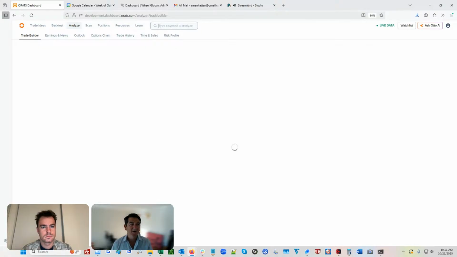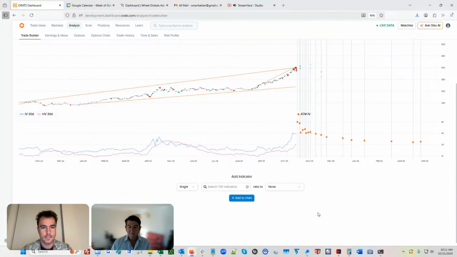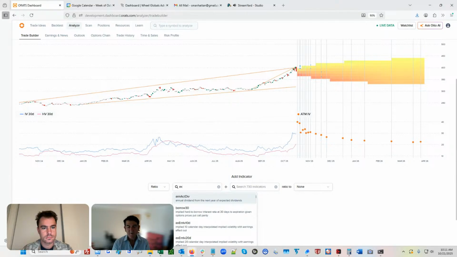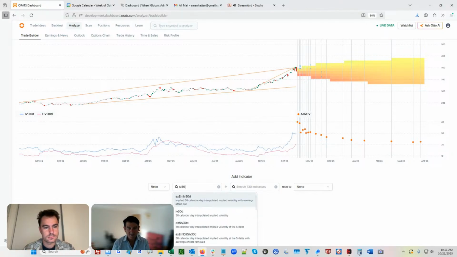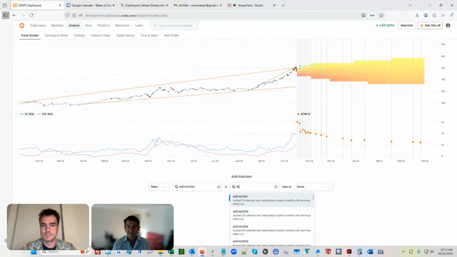First of all, in the Trade Builder, we could also look at this. We could create this over here too. Let's see, IV 30, and it'll come up as X earnings, and then we could go FEX, 60/30.